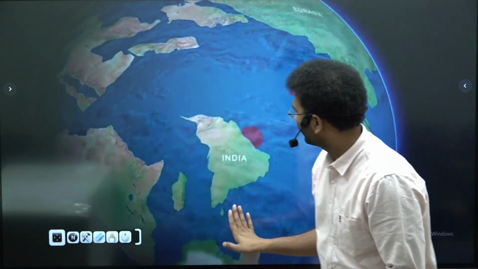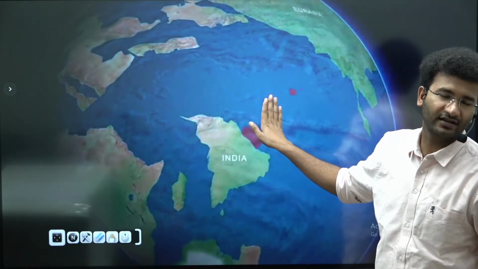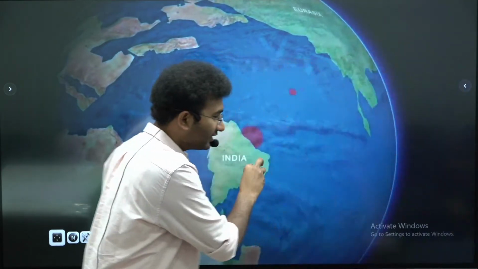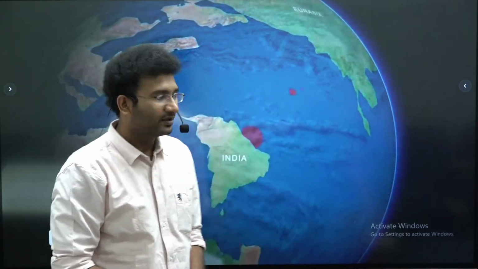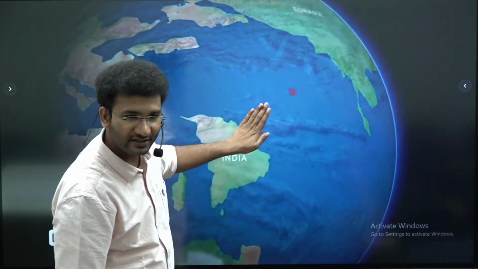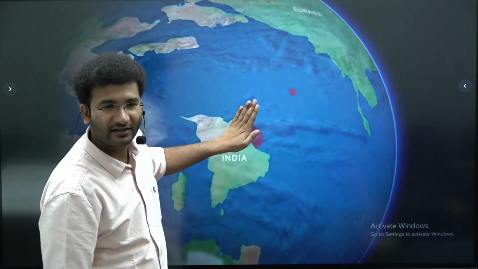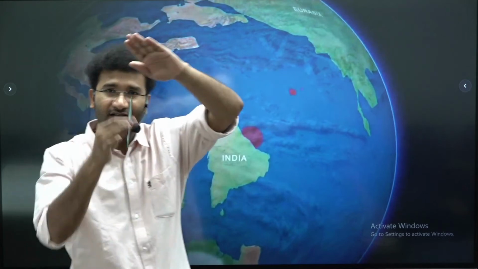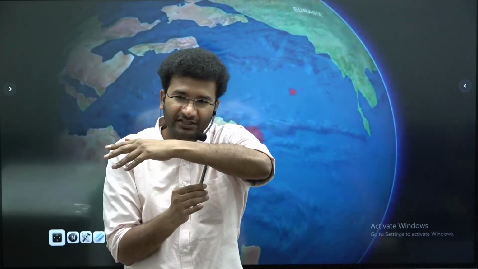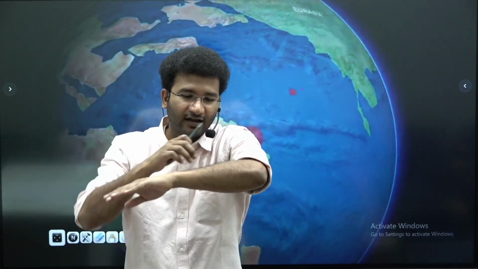In this due process, imagine if India is passing through this landform and there is volcanic pouring that is happening. If India is moving in this direction, and then beneath there is a hotspot that is there. Okay, imagine there is a hotspot that punctured my hand, that is India, and it started to pour out, right?